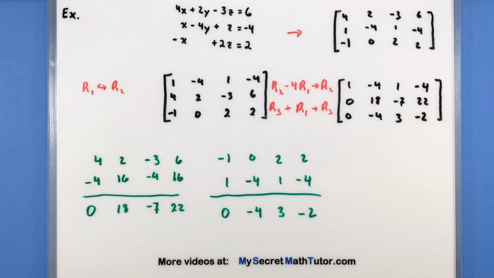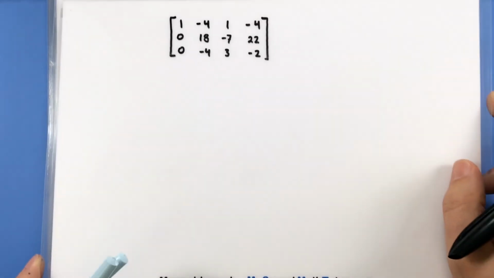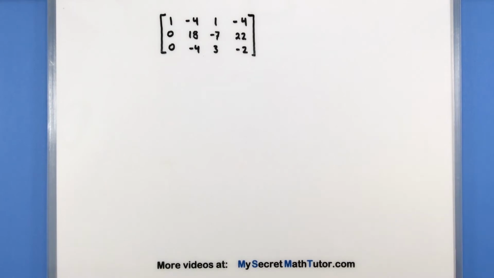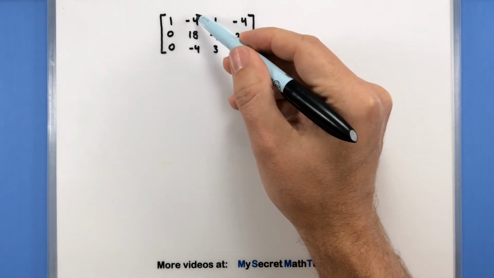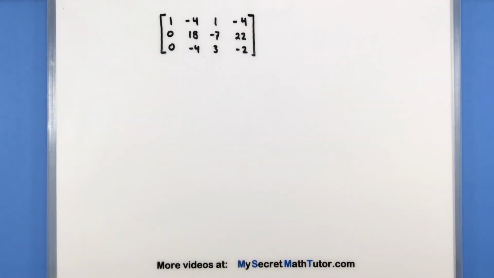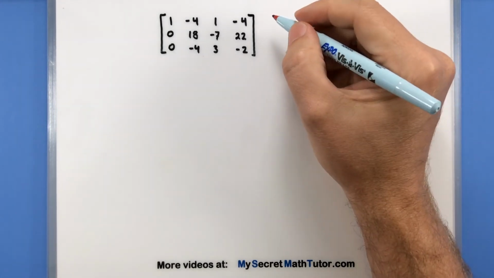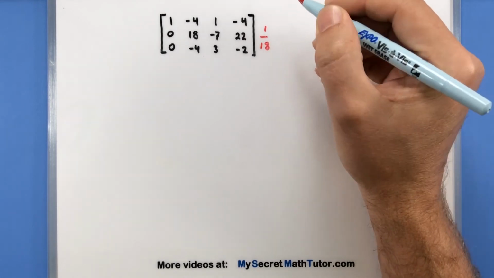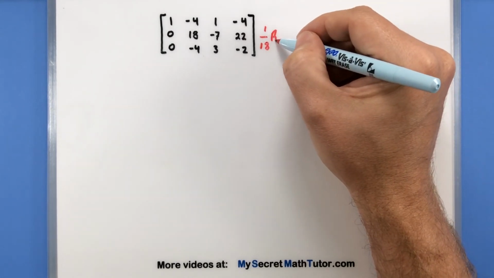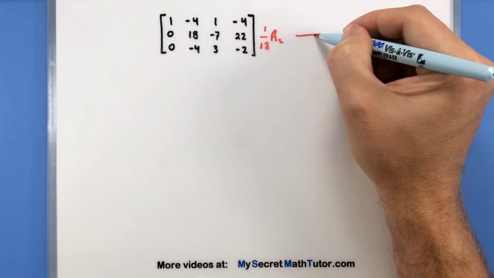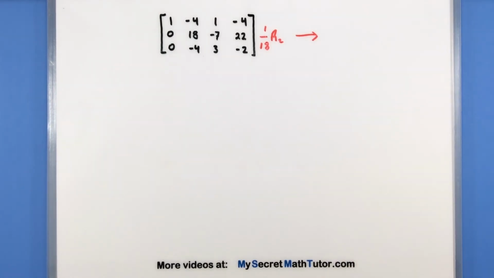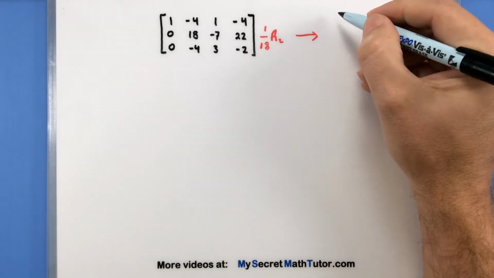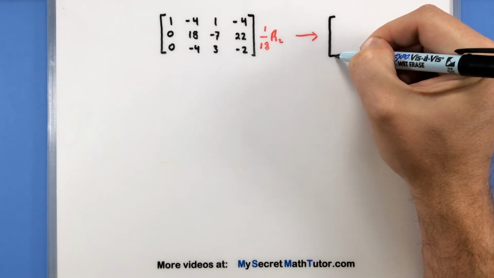Looks like we need some more room, so let's go ahead and grab another whiteboard and continue on with this process. All right, so now we need a 1 in the second row, second column. Well, I think you're probably getting good at how this works. We'll multiply everything in that second row by 1/18. The fractions are going to get a little ugly at this point. You just got to hang in there and march on through, not worrying about too many of those fractions. It'll be okay.